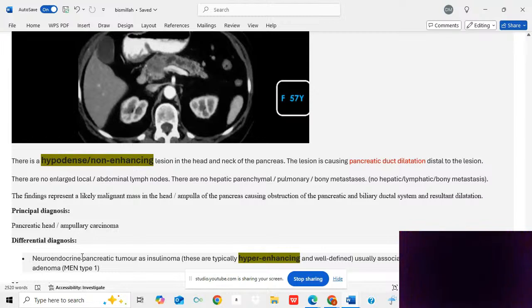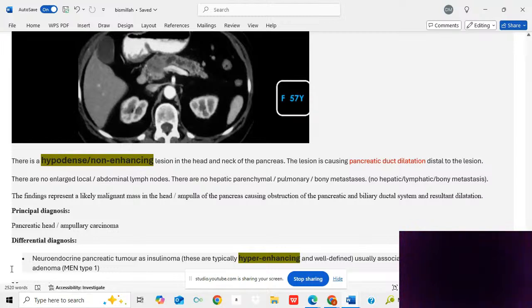The neuroendocrine pancreatic tumor, such as pancreatic insulinoma. These lesions are typically hyper-enhancing and well-defined. You will see a very well-defined, hyper-enhancing mass in the pancreatic parenchyma.